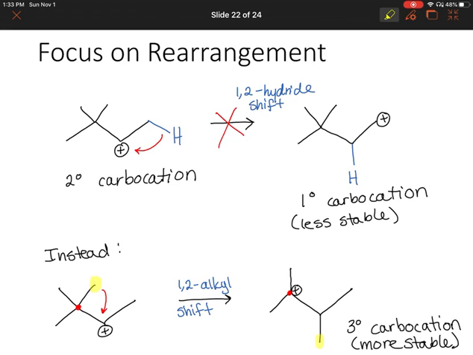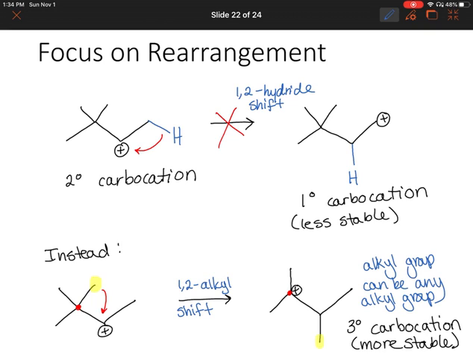Okay, so the alkyl group that shifts can be any alkyl group as long as you're creating a more stable carbocation. And again, an alkyl group is something like a methyl group, an ethyl group, a propyl group, isopropyl, whatever you can move to make something more stable. And this does happen naturally in compounds because if they can become more stable, they will become more stable.